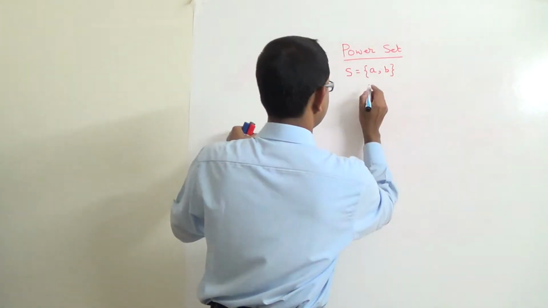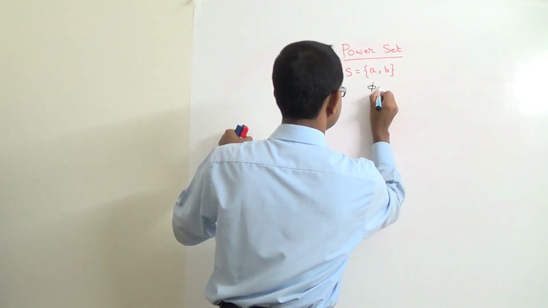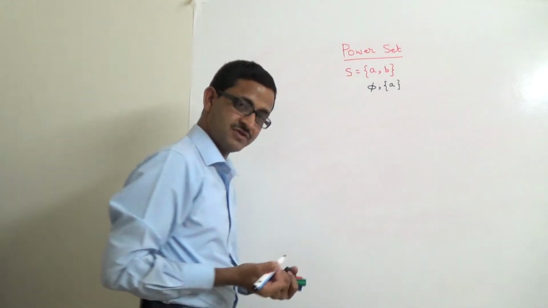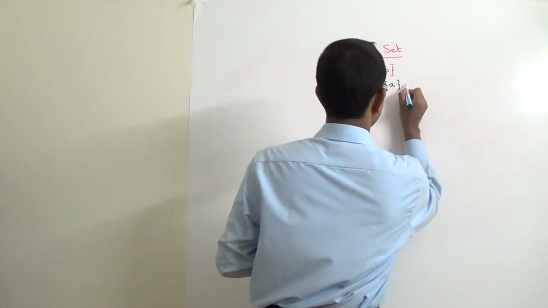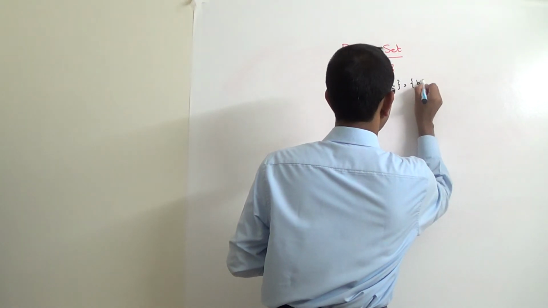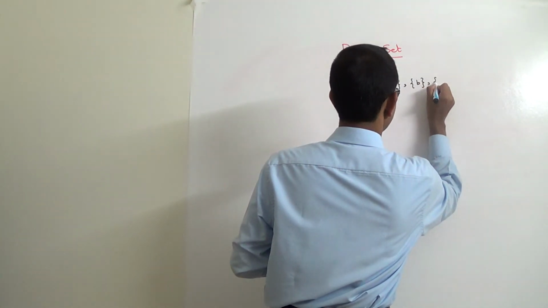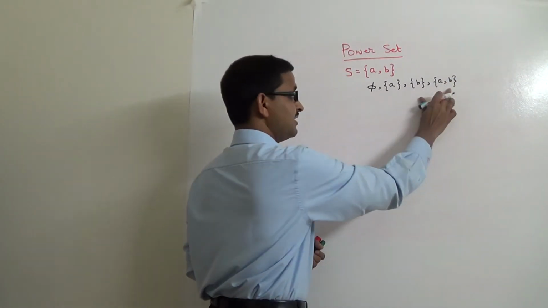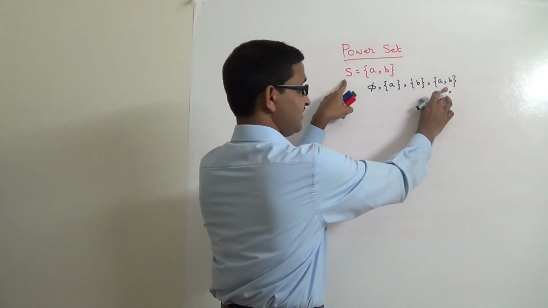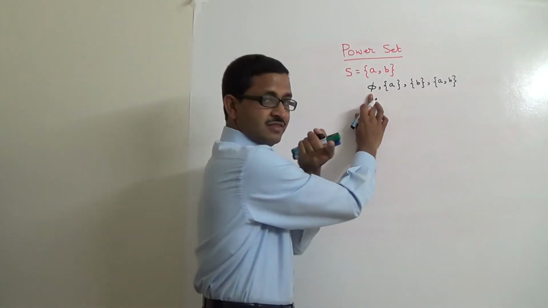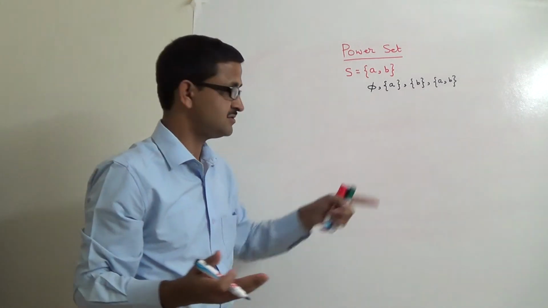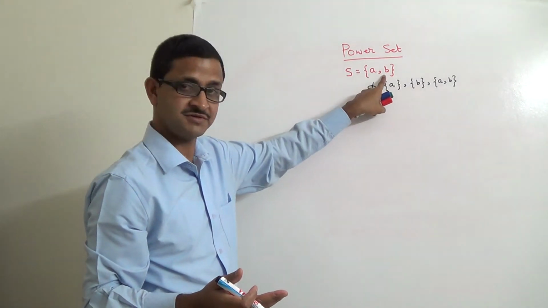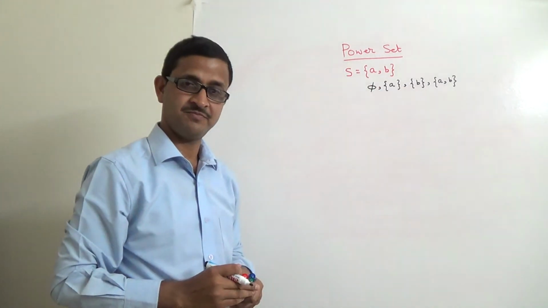The possible subsets are phi, which is the null set, then a subset A, then B, and then finally the entire set AB. In this case, this is an improper subset of the set S because this is S itself. Phi, the null set, is a subset of any set. Only A, that is also a subset of this set. B is also a subset of this set.